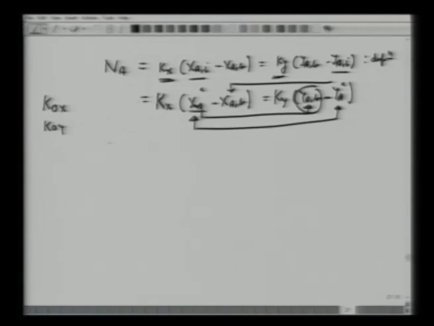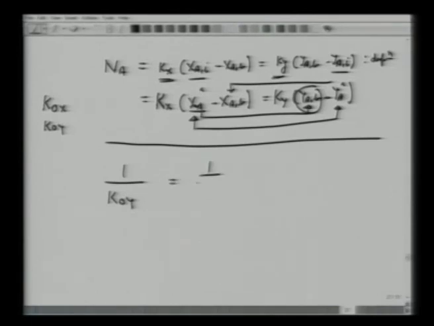Now we have all pure mathematical expressions, 4 equations, and we'll see how many unknowns here. We can equate these to obtain 1 over KOY. This KOY is the same as capital Ky, equals 1 over small ky plus, we'll call it, M prime over kx.